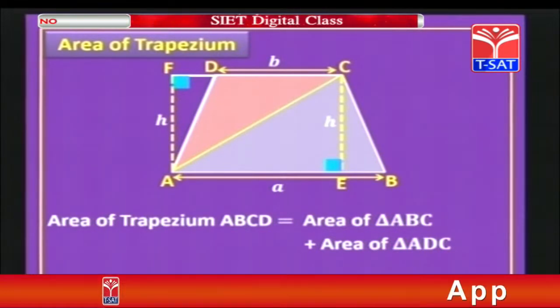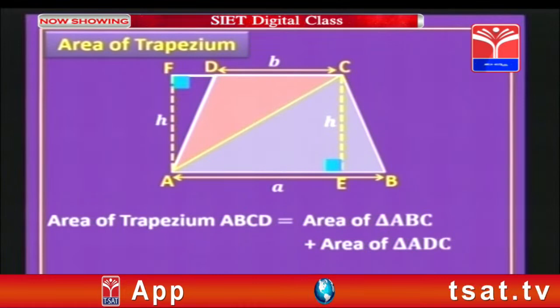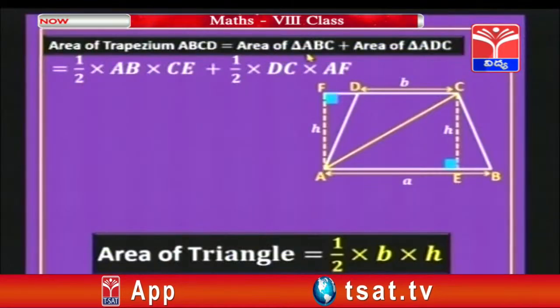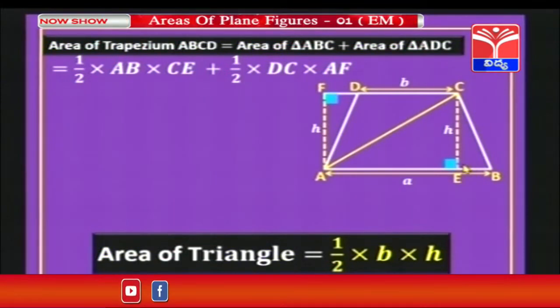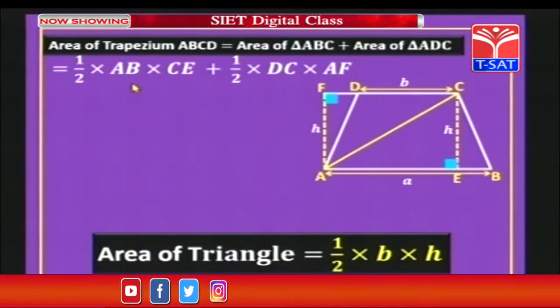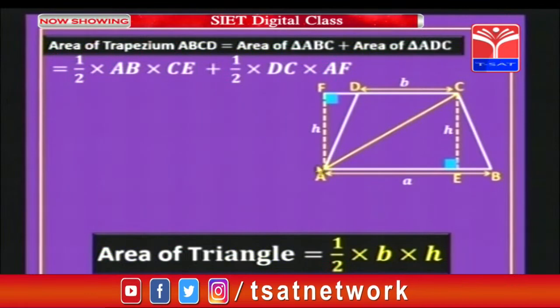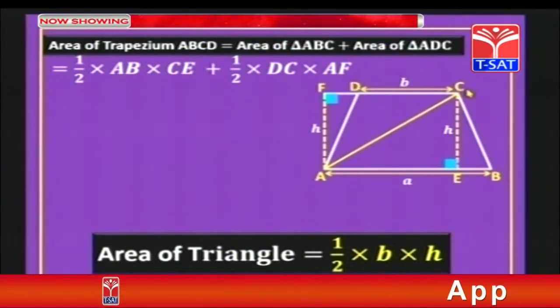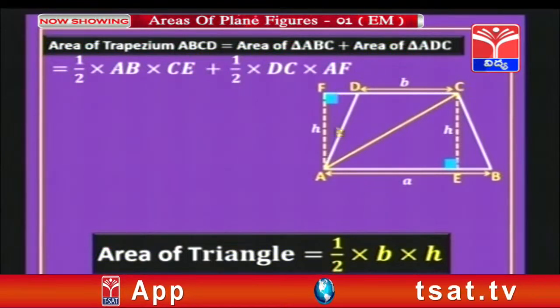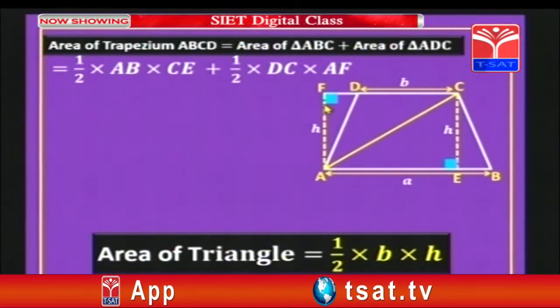Now let us find the formula for this area. In the first one, that is area of triangle ABC, here the base is AB and the height is CE. So it is half into AB into CE. Whereas in the second one, that is area of triangle ADC, I am taking the base as CD or DC and the height will become, yes, AF. So it is half into DC into AF.